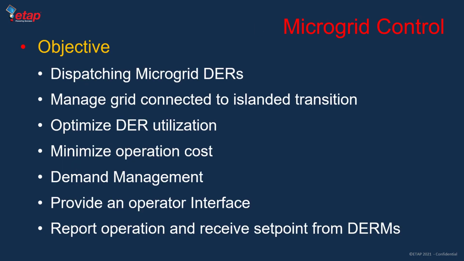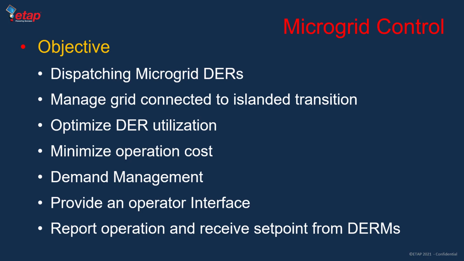The microgrid controller, on the other hand, has similar objectives. Now, the first thing to remember is that microgrid controllers, first of all, deal with distributed energy resources. So one of the first objectives is to be able to dispatch the microgrid DERs, distributed energy resources, which can include renewable systems such as solar, wind, also look at energy storage, and conventional generation such as diesel generators and so on.